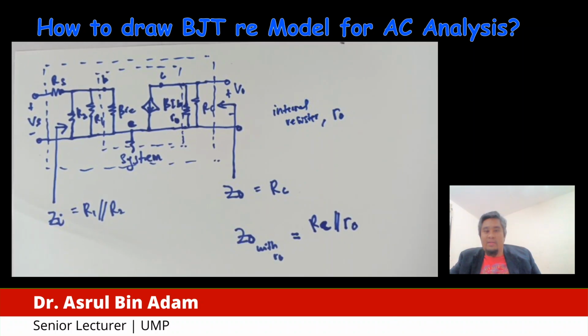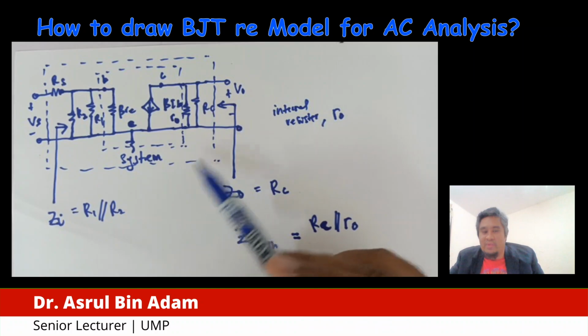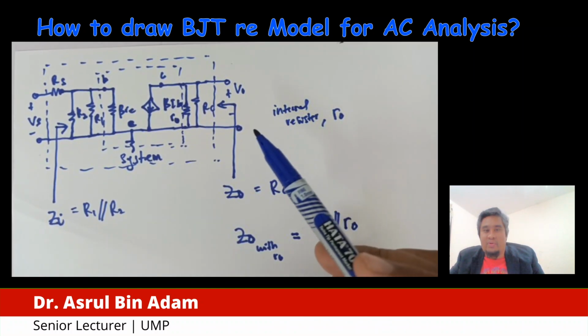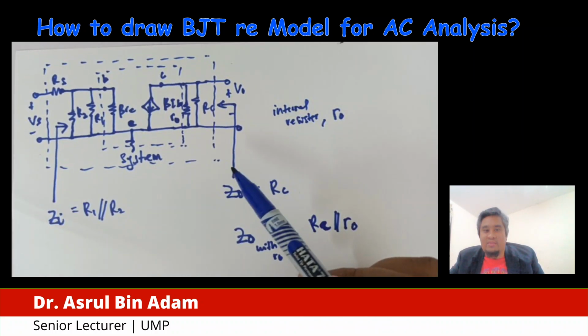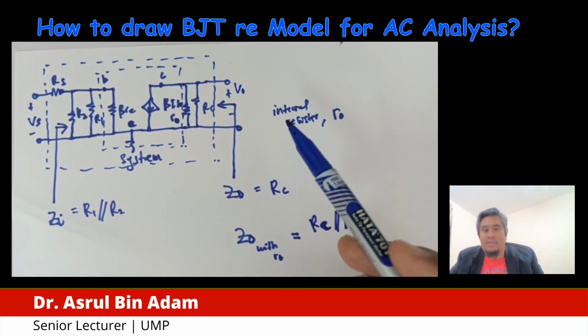I want to stop our video here, then we will continue on the next video how to do the analysis, not only for voltage divider bias circuits but for other bias configuration circuits, like feedback bias, common emitter feedback bias, and so on.